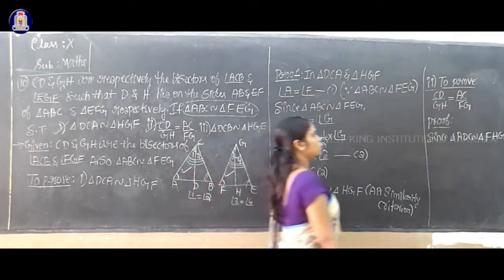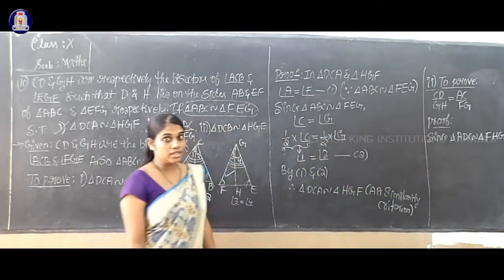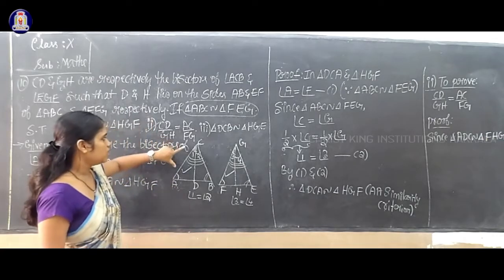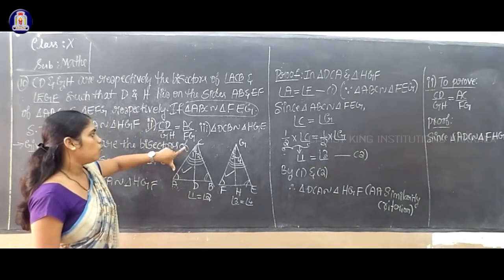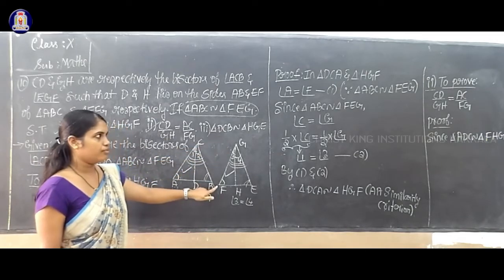We know that after proving the similarity of two triangles, corresponding sides are in the same ratio. So for the side AC, what is the corresponding side of this triangle? That is GF, isn't it?